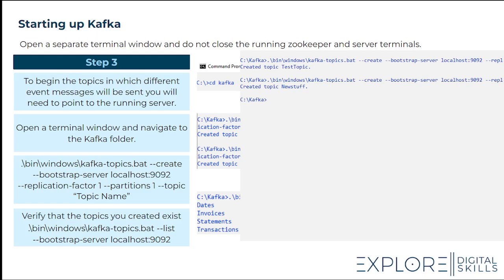So you would just enter in backslash dot backslash bin windows backslash Kafka topics create, and then you specify the local host that it's running on once you make sure that it's running, and then create the replication factor, which is your backup, and the number of partitions, which is basically how much data it can actually handle across a particular cluster.